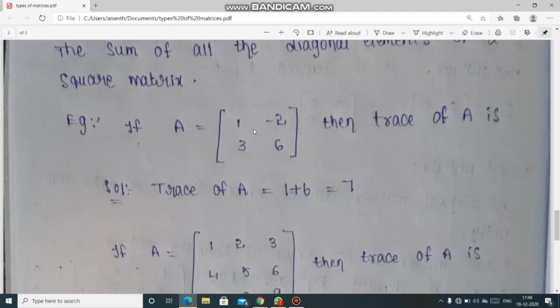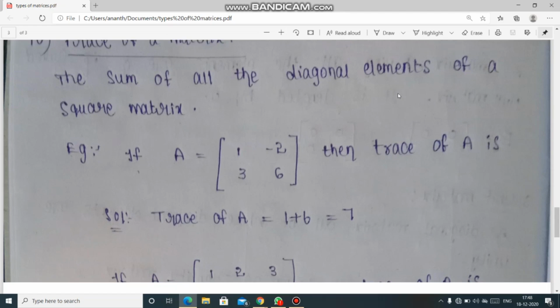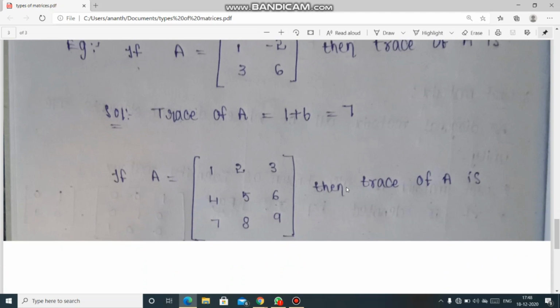Here A is a 2 by 2 matrix and also a square matrix. For finding the trace, we have to sum all the diagonal elements. Here the diagonal elements are 1, 6. So trace of A is equal to 1 plus 6, that is equal to 7.